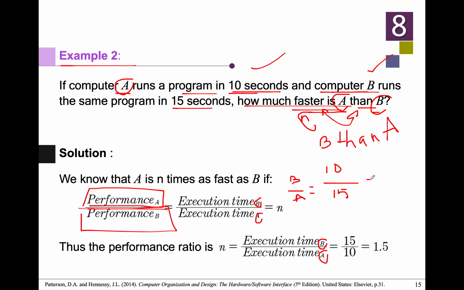How much will you get? So you will get 0.666666667. So this is the performance comparison between B and A. But if let's say for A and B, it's going to look like this. It depends on the value itself. So this is the ratio.